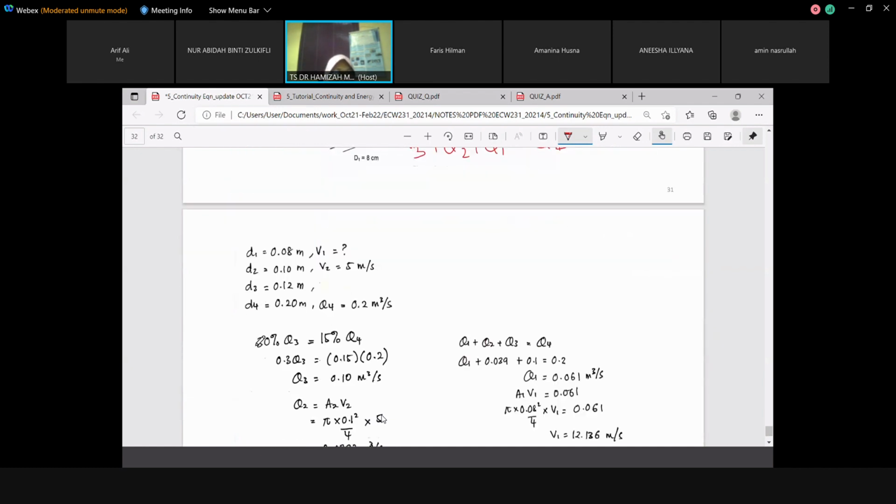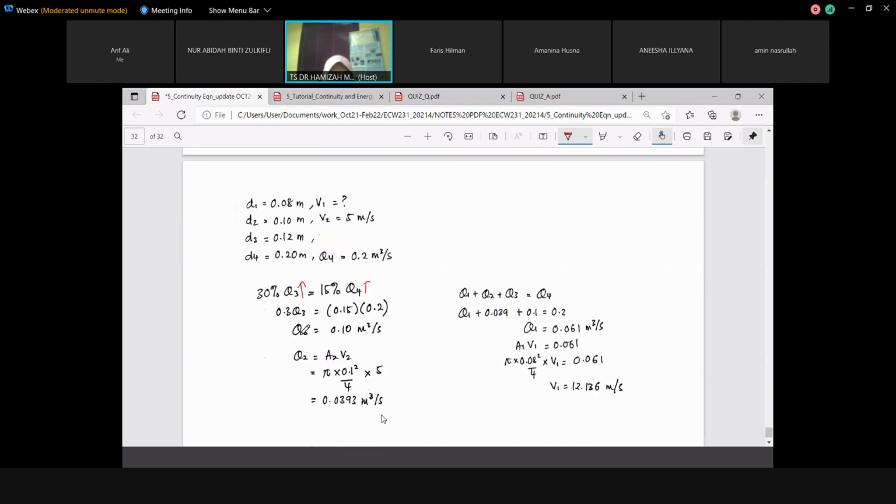Bila 30% daripada Q3 increase, 15% daripada Q4 increase. So that's why we have this equation. So kita simplify 0.3 equals to 0.15 adalah 15%. And you can know the Q3 punya flow rate.